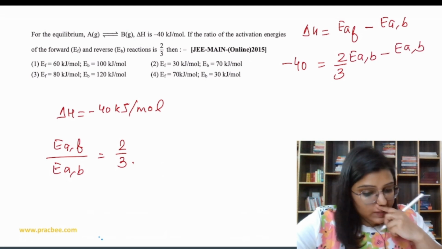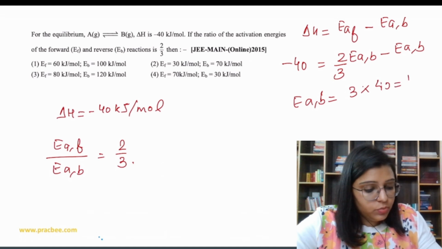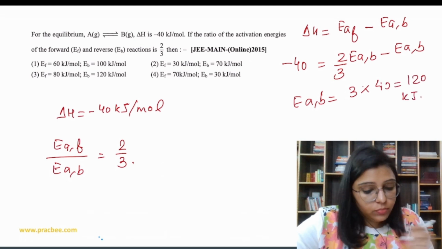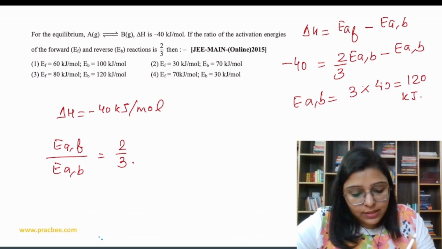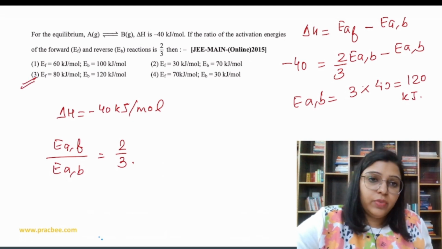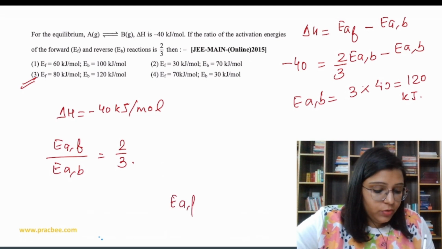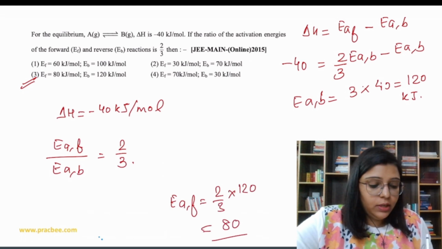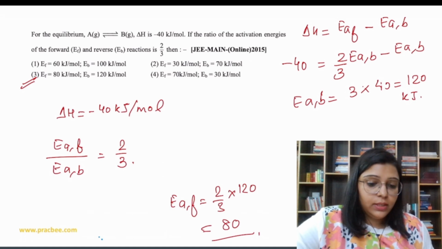On solving, we get the activation energy of the backward reaction as 3 into 40, which is 120 kilojoule. So answer C is the correct option, but you can also find the activation energy of the forward reaction. It is 2 by 3 into 120, and on solving you get 80 kilojoule per mole.